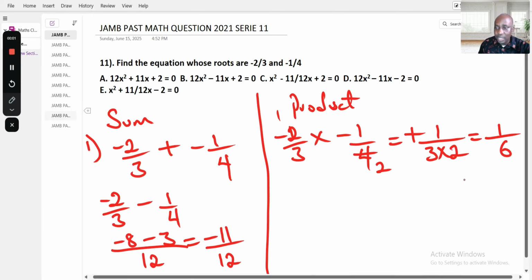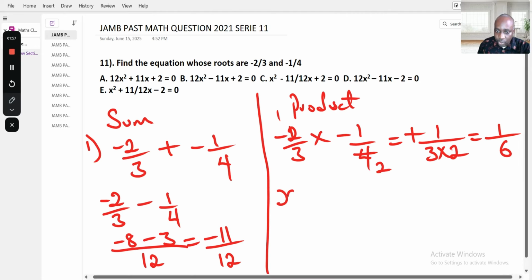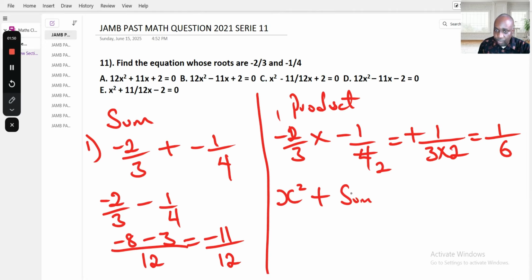Now, let's form the equation. The formula to solve the equation is x squared, minus the sum, times x, plus the product. What you get for the sum, you put the x beside the sum, plus the product, the answer you get for the product, which is multiplication.